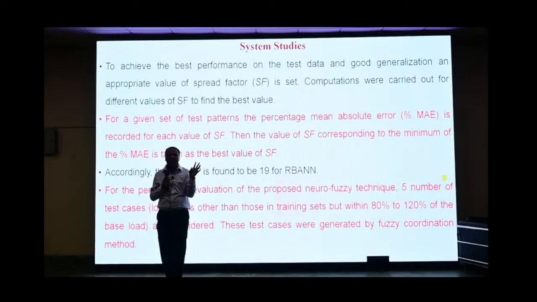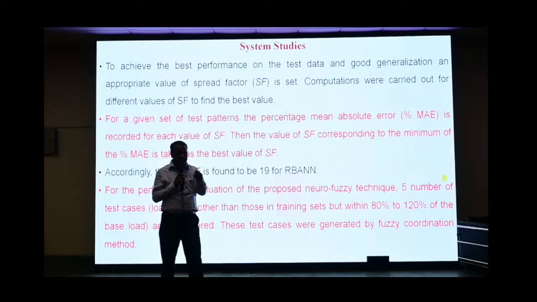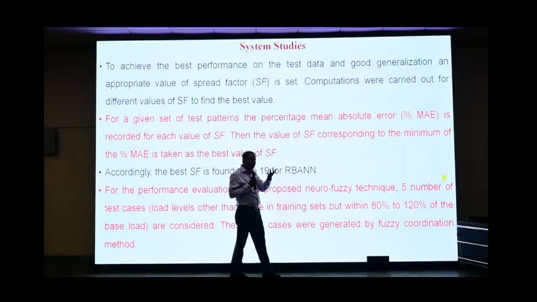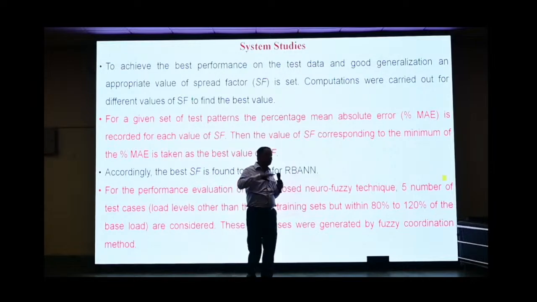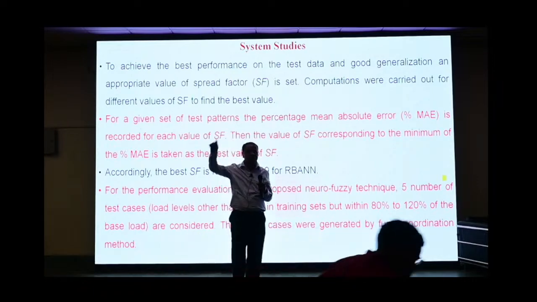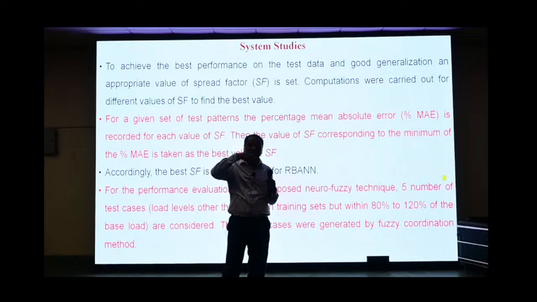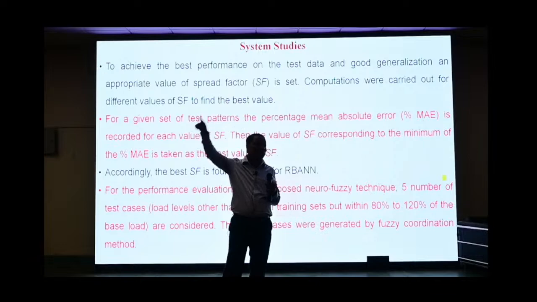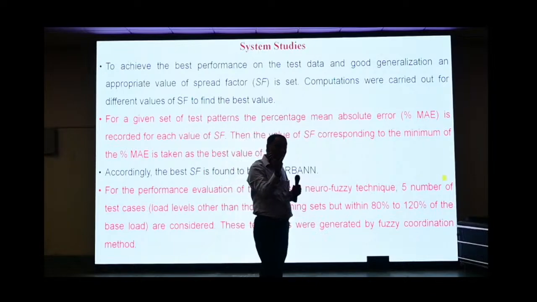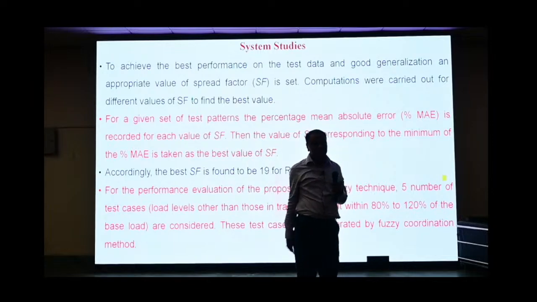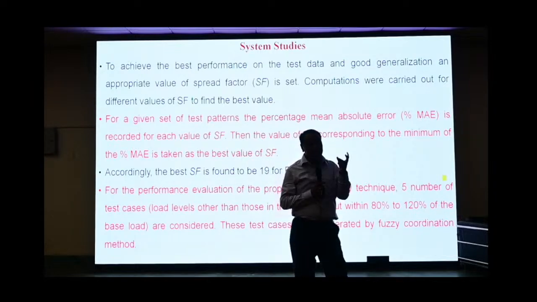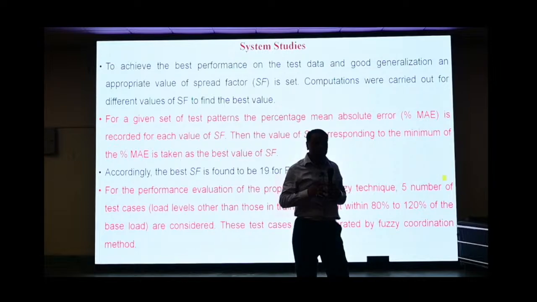Only one control parameter the user has to choose. That is the spread factor. Spread factor means the width of the radial basis function, because the radial basis function is just like a Gaussian. A Gaussian distribution can be very steep, and can be very wide also. So the training, or the intelligence, depends upon the width of that Gaussian distribution. That is the only parameter which the user will choose. He assumes a certain value, runs the neural network, then finds the mean absolute error.